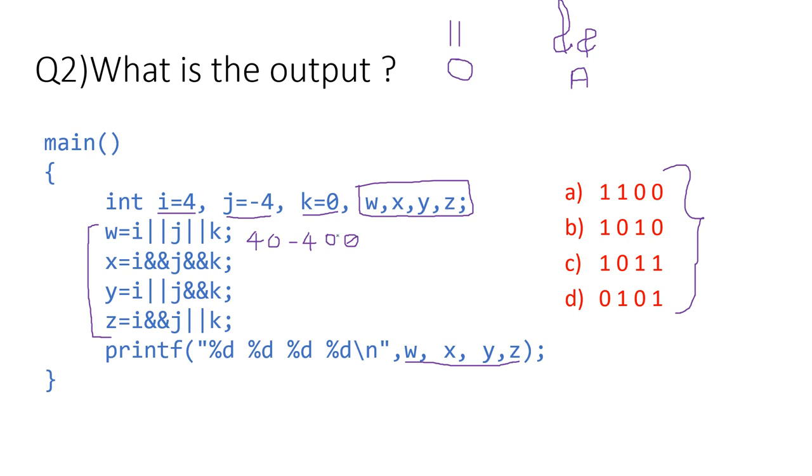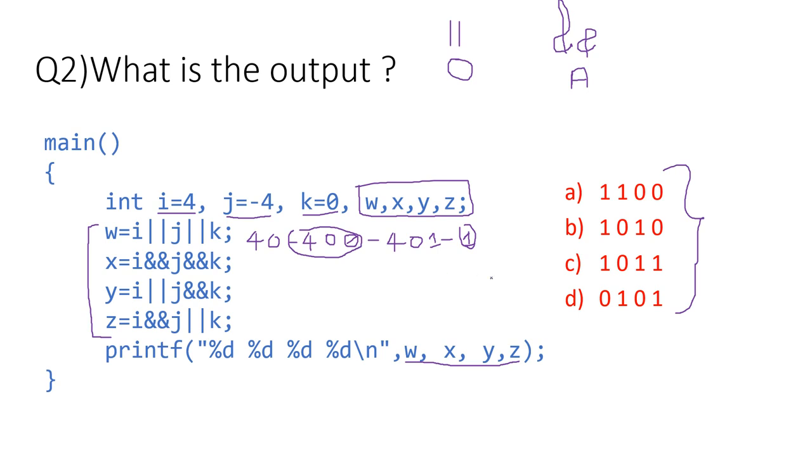The evaluation takes place from the right side, as we know. -4 or 0 is going to give you 1. So this will now become 4 or 1. Since 4 is a non-zero number and this is an OR operator, you are going to get 1 as the final answer, which will be stored in w.